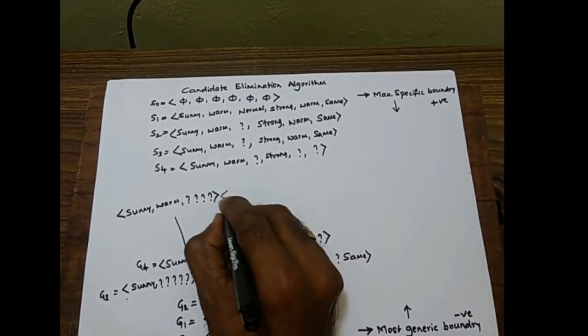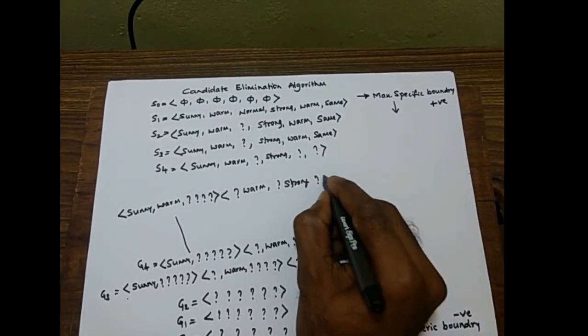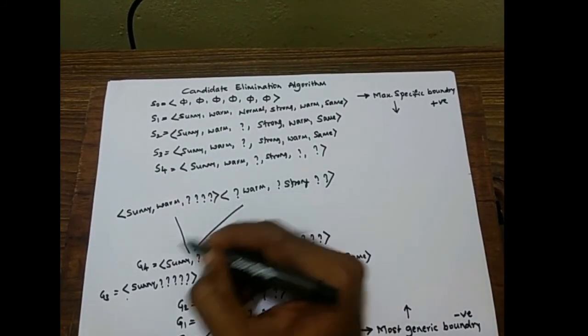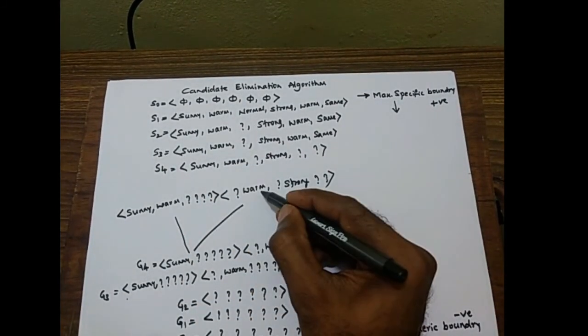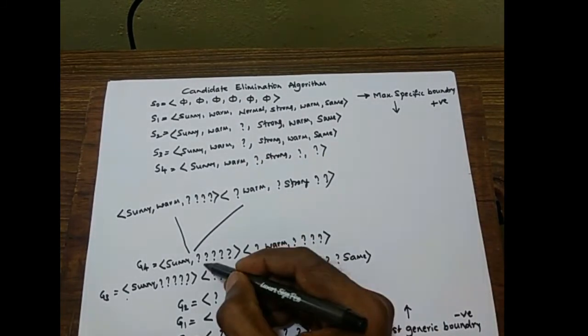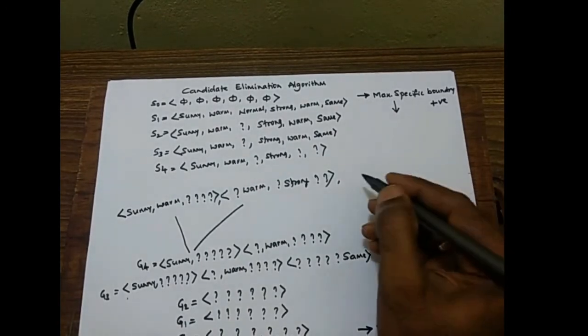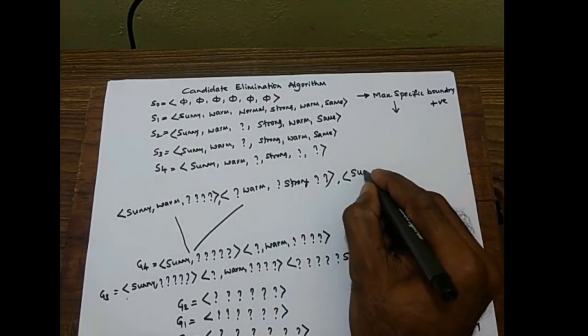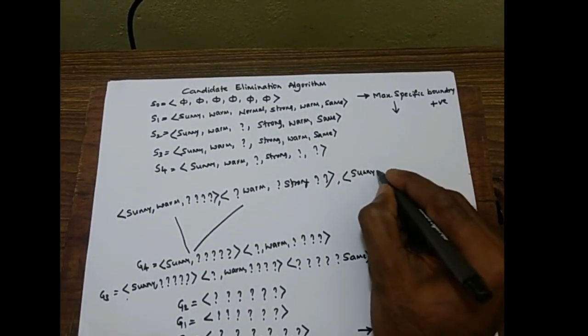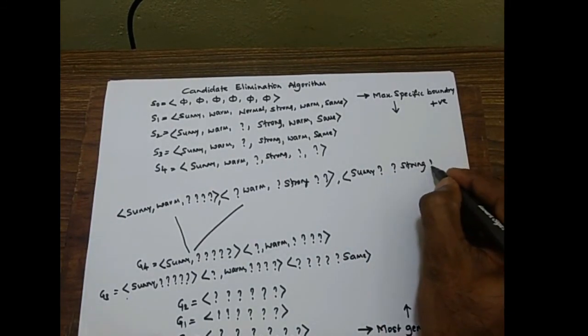Another possibility is question mark, warm, question mark, strong, question mark and question mark. Question mark means anything, so Sunny we can take. Warm means warm is already here. Another question mark means again any value can be accepted. Strong is already there. This is one more possibility. Third possibility is Sunny, question mark, question mark, strong, question mark and question mark.